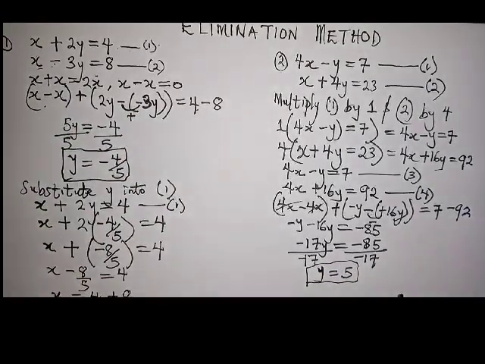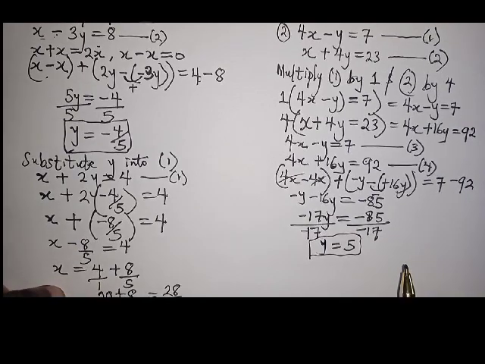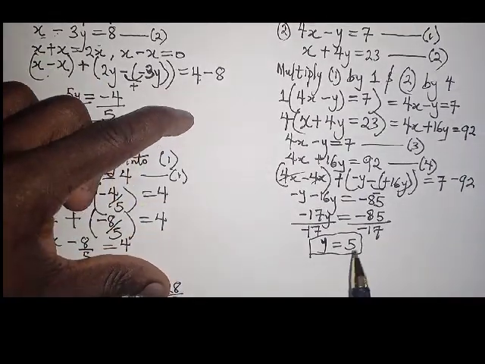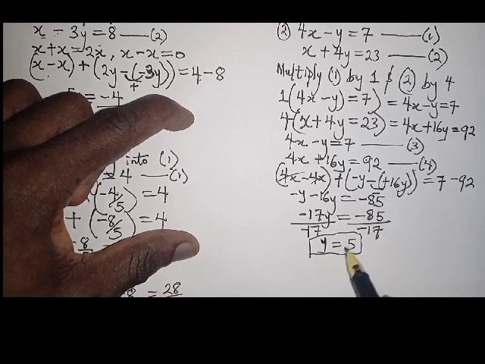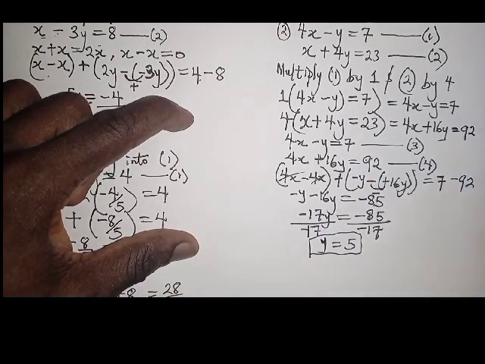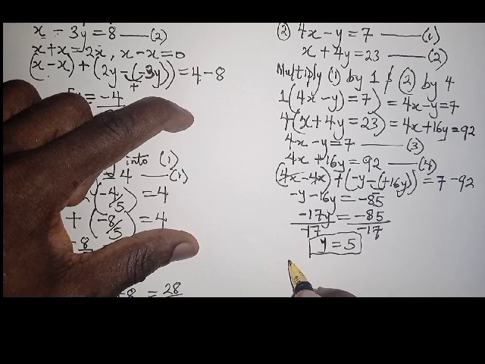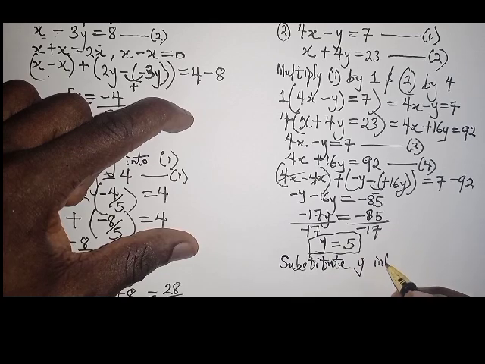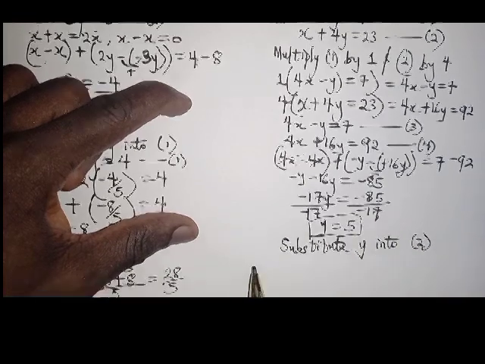Now we can quickly go back to solving for our x term. I can just simply substitute the value of y into any of the equations, either 1, 2, 3, or 4. Any one can go. So I'm just going to substitute y into equation 2.